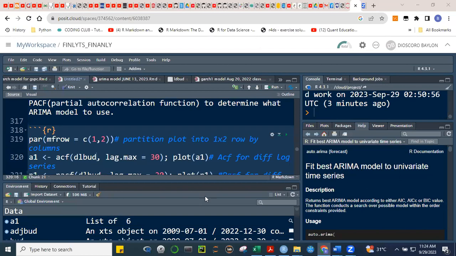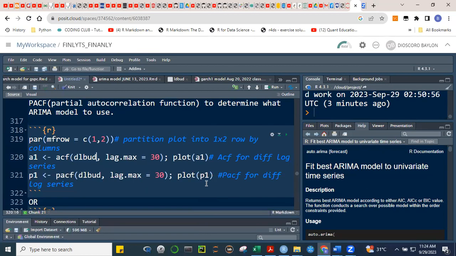And oftentimes, class of finance, what you're looking at is not actually the price itself. Whatever price of the stock you're looking at, you're more interested in modeling the returns, in particular the log returns. So this is a very important object, that DLBUD.